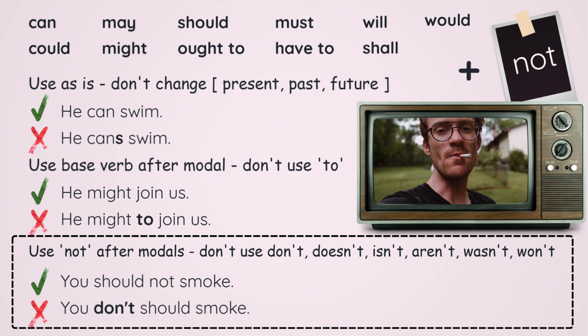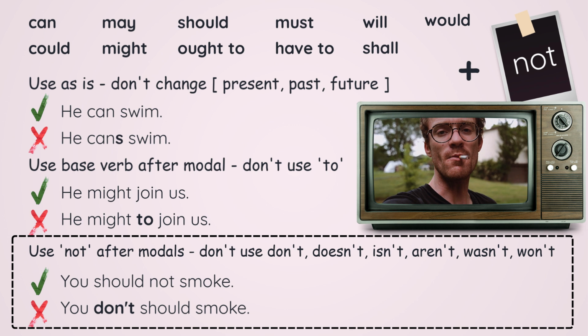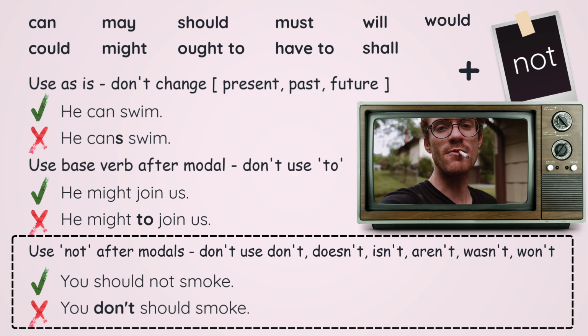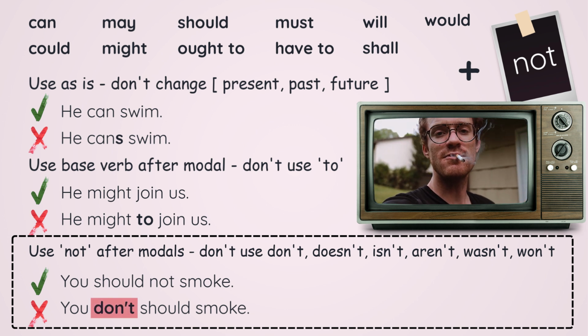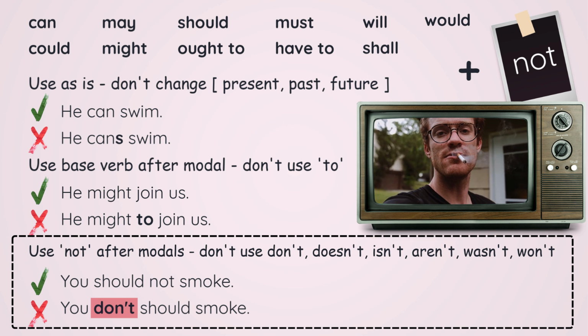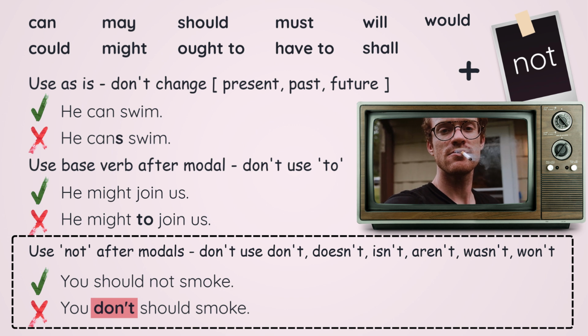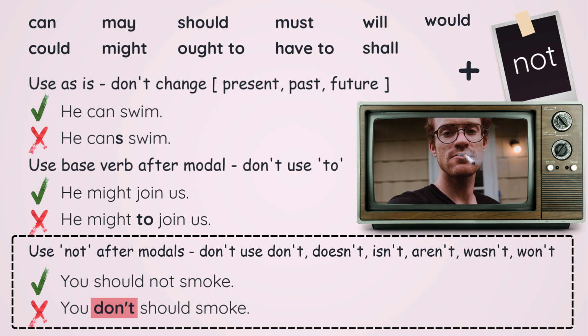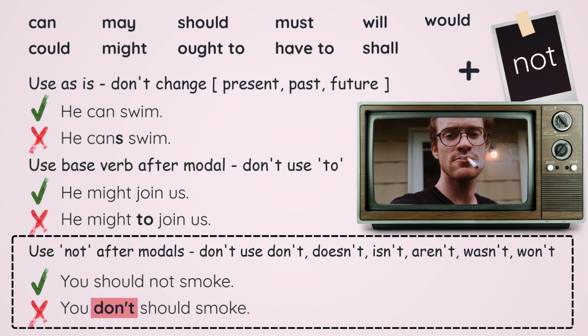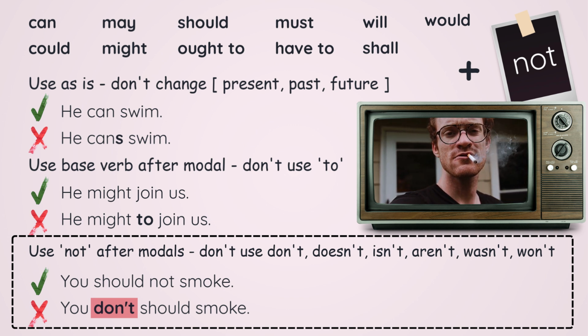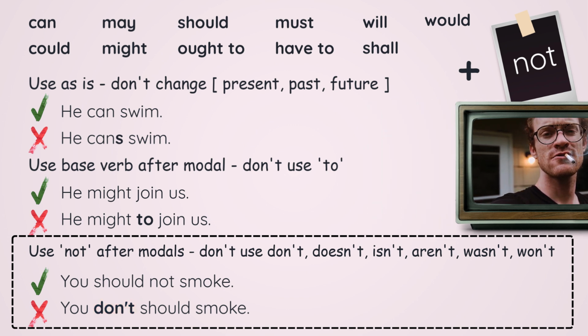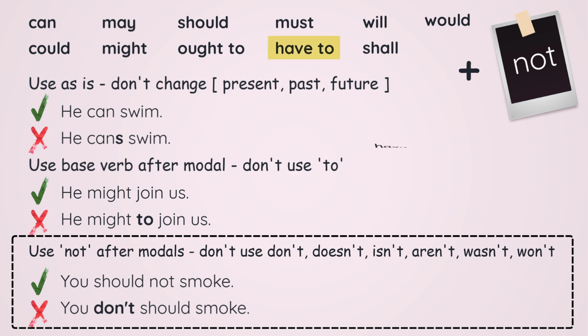For example, you should not smoke. Not, you don't should smoke. Alright? So here the student knows and learned all these lovely words. Don't, doesn't, isn't, aren't. All that and tries to use it when using the modal verb. But that's wrong.